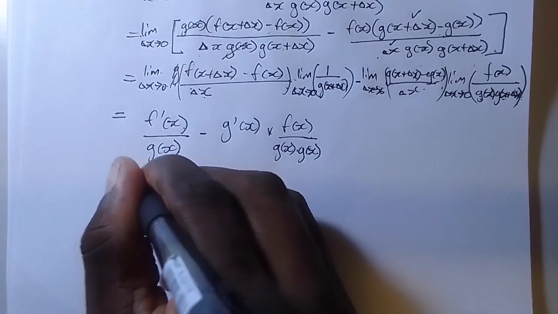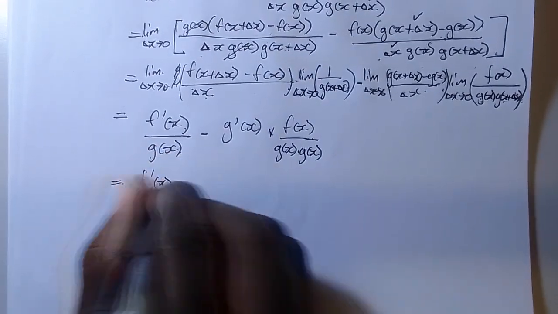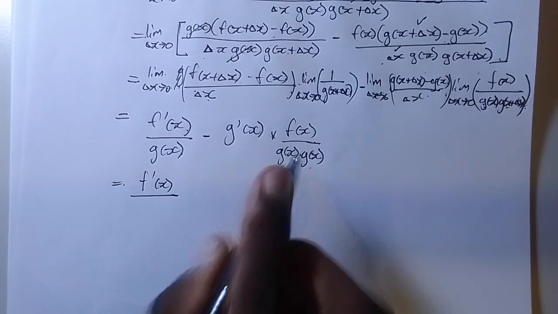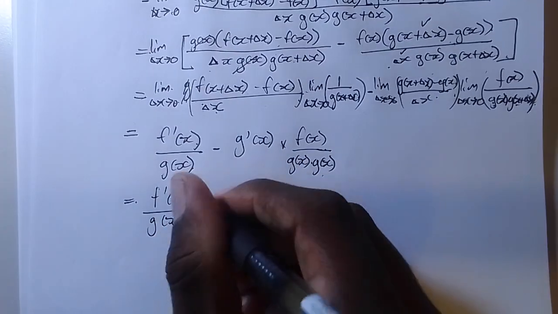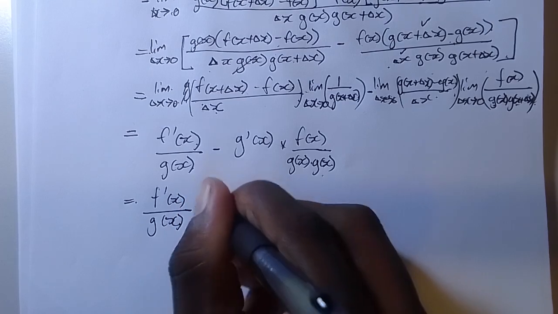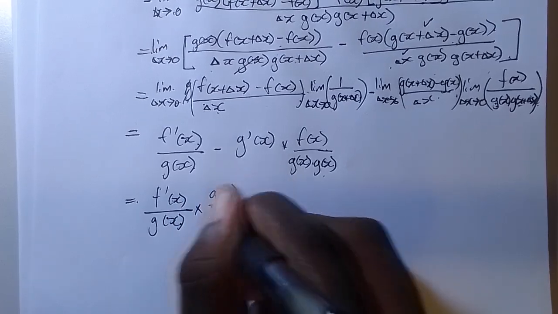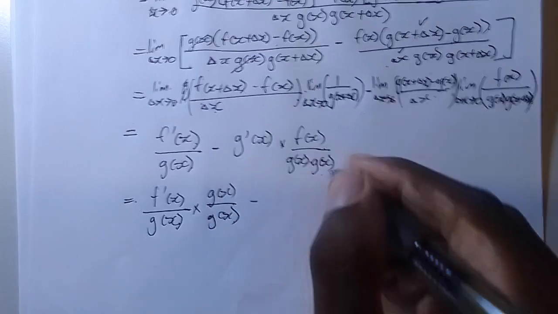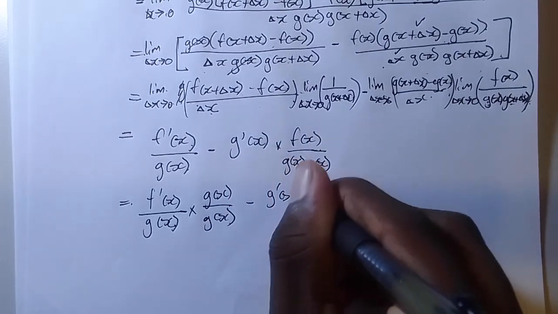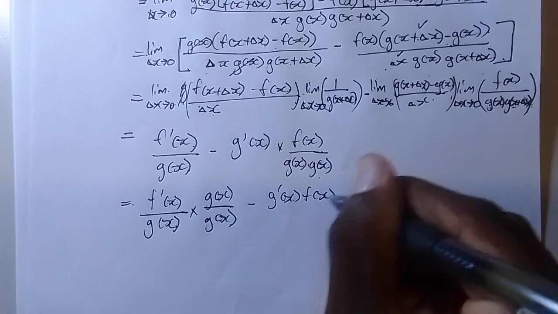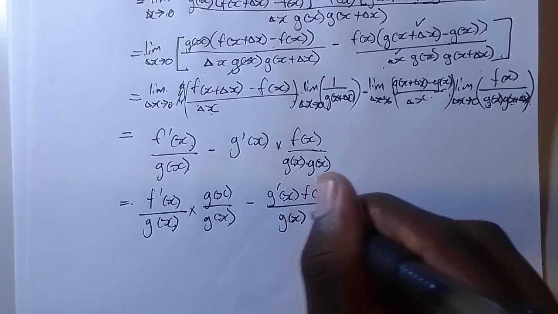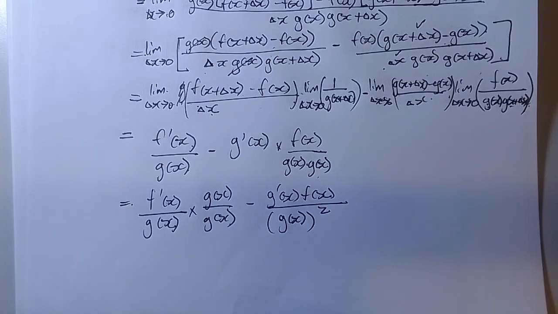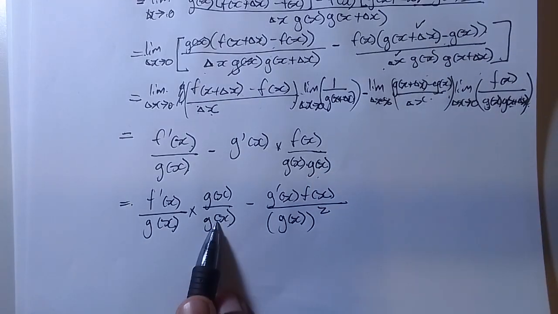The way I used to do the LCD thing, if I have something that's a factor of that, is like this: I'd just multiply by g of x over g of x, minus, here we have g prime x f at x divided by g of x all squared. This will be g of x all squared.